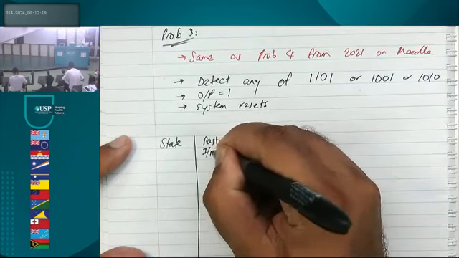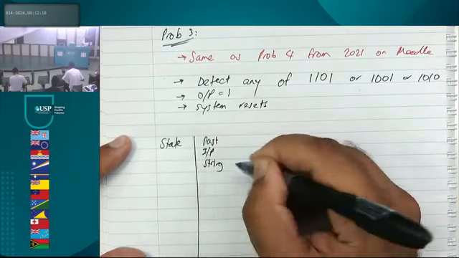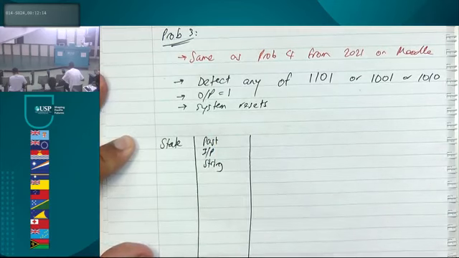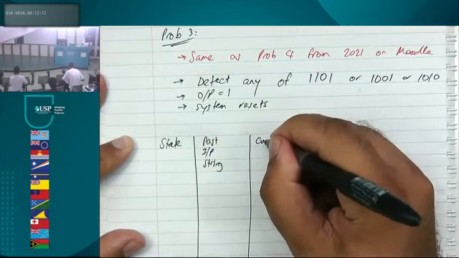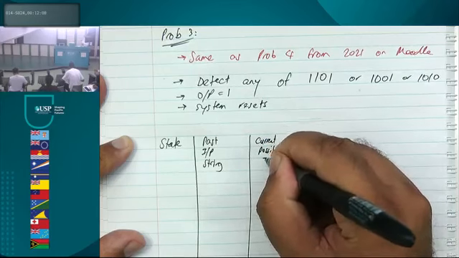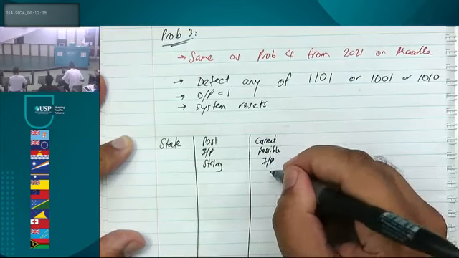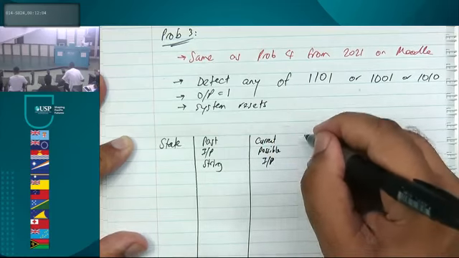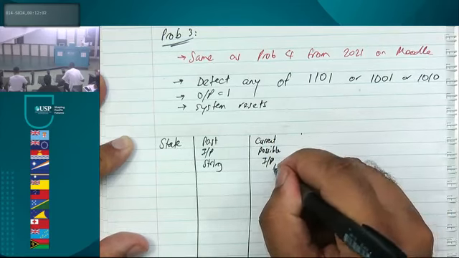Past input string, current possible input. So this is right. We can call this X.